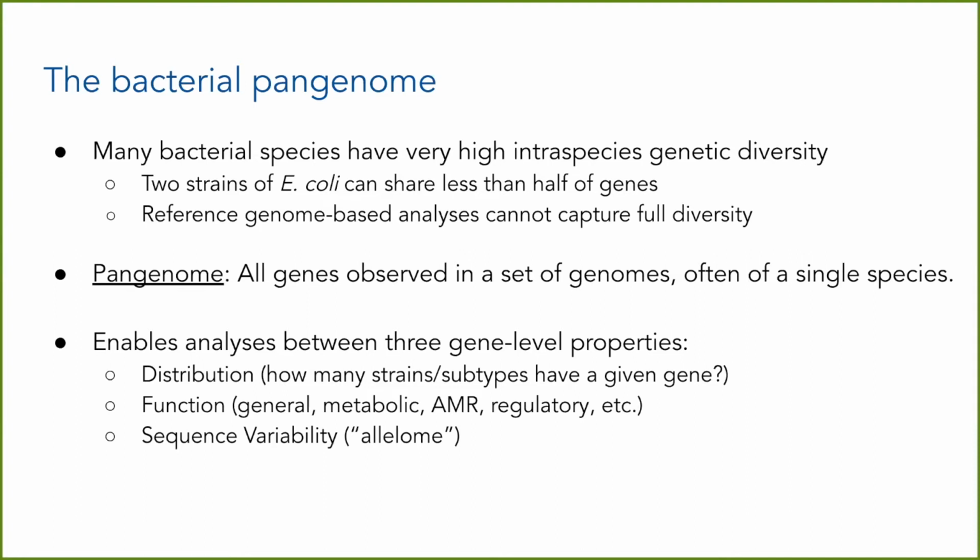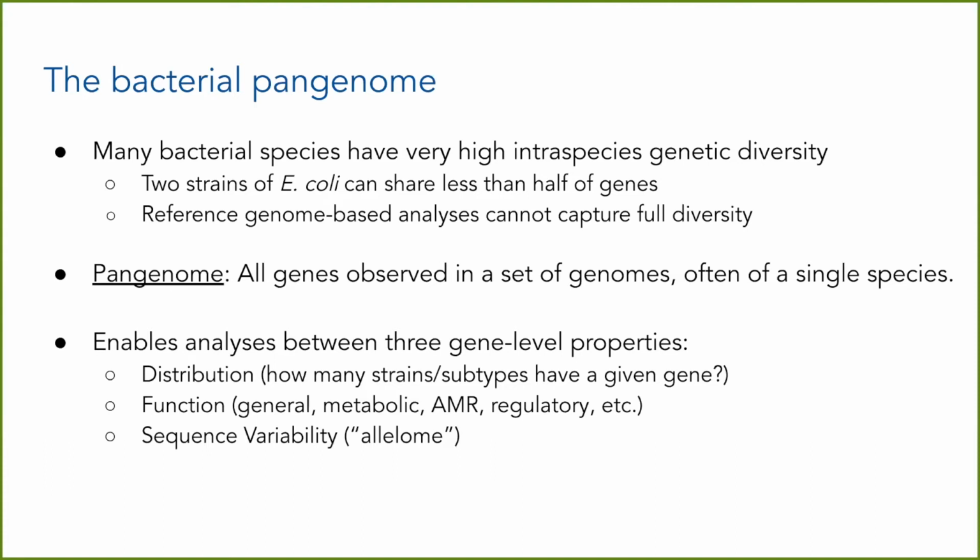And the pangenome allows for analysis of a variety of different measures of genetic diversity for a given species that usually fall into these 3 categories. First, distribution: how many strains or subtypes have a given gene. Second is function, which can be a generic functional annotation such as GO terms or COG functional categories, or more specific types of functions such as metabolic functions, antimicrobial resistance, or regulatory functions.